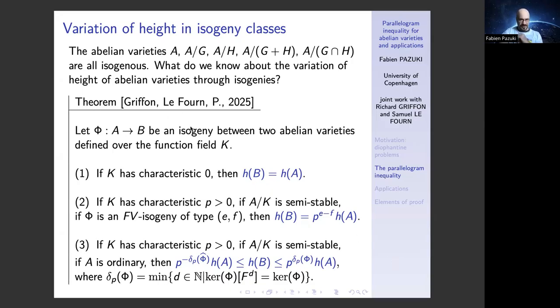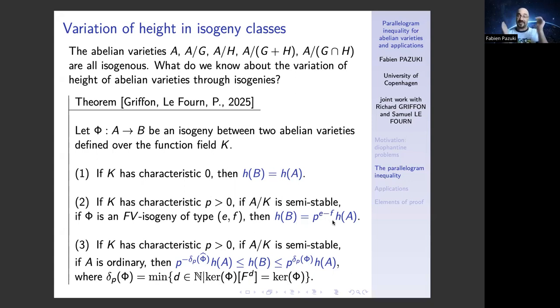So this is the result that we have for the variation of heights through isogenies. And I claim that because of this result, getting a parallelogram inequality is not obvious because of the powers that can appear for some specific isogenies in characteristic P. It's very easy for characteristic 0, but in characteristic P, it seems that something is happening.